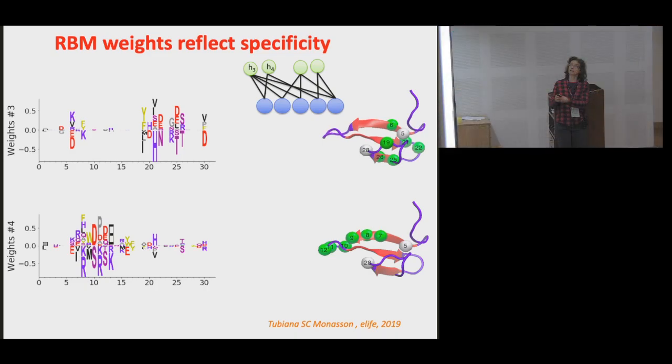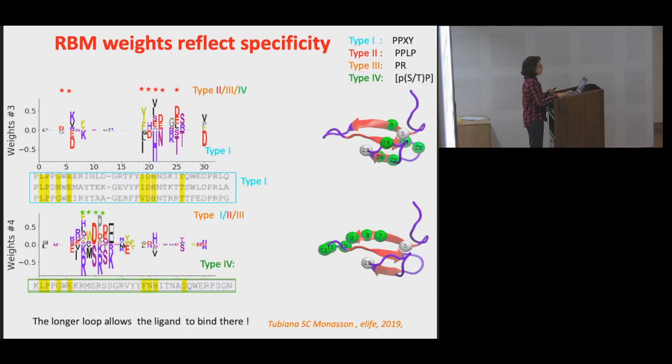And these are, for example, the weights attached to another hidden unit, hidden unit number 3. One key amino acid for binding ligand of type 1 is this histidine at this position, and you can see that indeed this is very important on the weight vector. So you see really the pattern here of the sequences which bind as type 1.